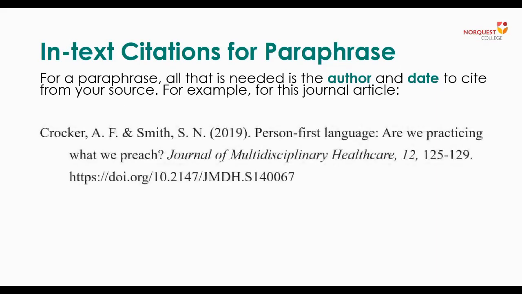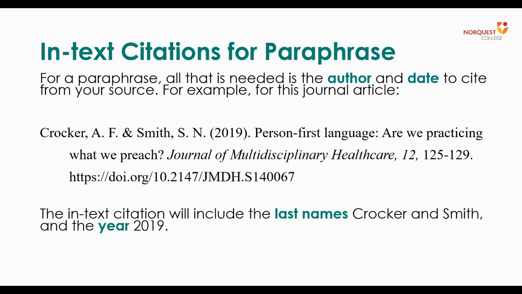For example, this is my reference for a journal article, and what I'm going to put would include the last names of the authors. So I would put Crocker and Smith, and then I would also put the year of the article, which is 2019. That's all you have to include when you're paraphrasing. It's just the author last names and the date.